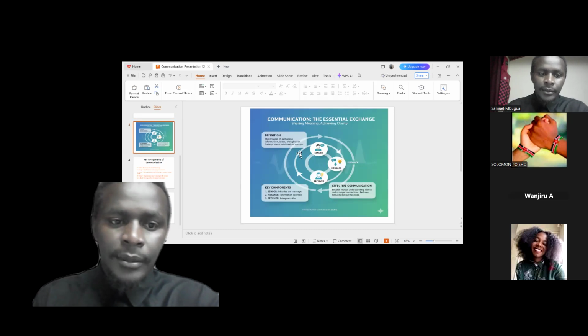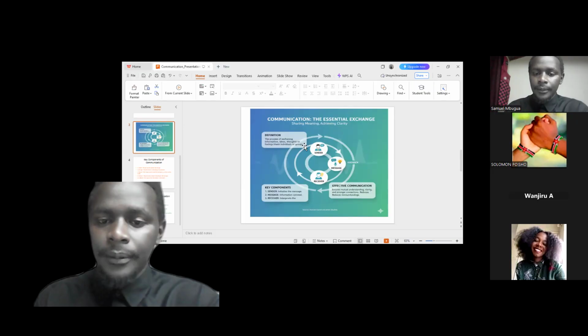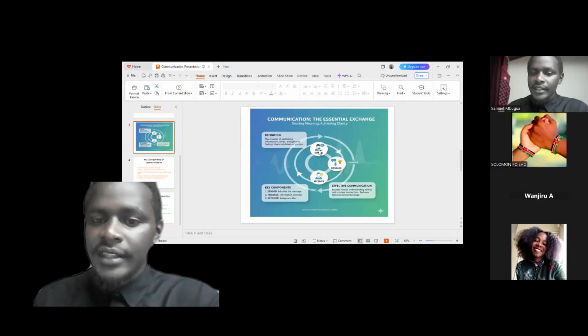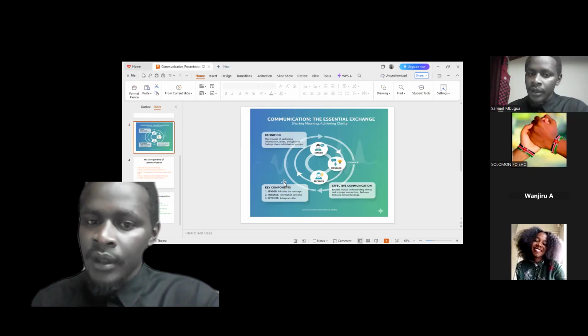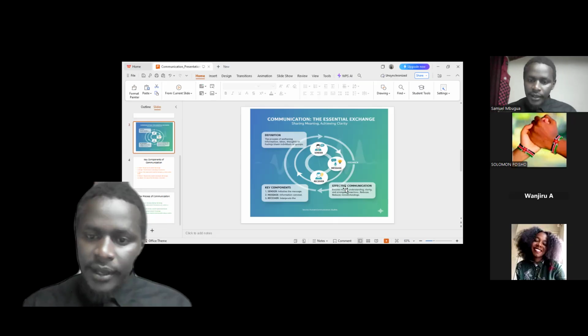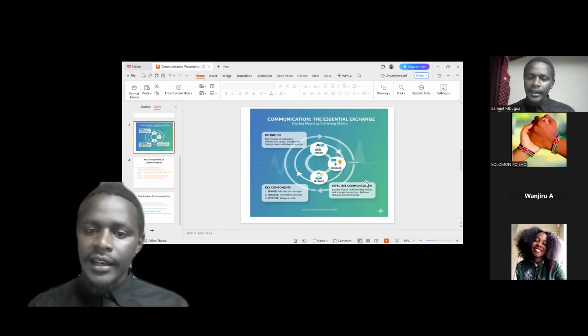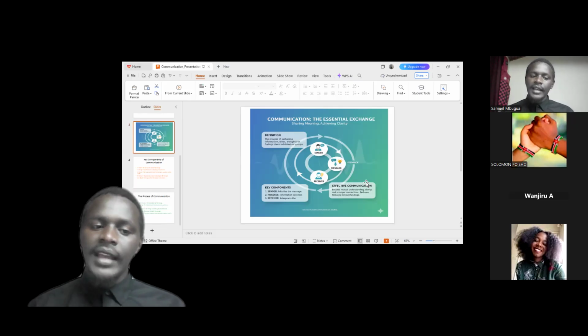In communication, we have some key components, but there are three main components: the sender, the receiver, and the message. And for effective communication to take place, ensure that there's mutual understanding, clarity, and stronger connections. This reduces the misunderstandings.